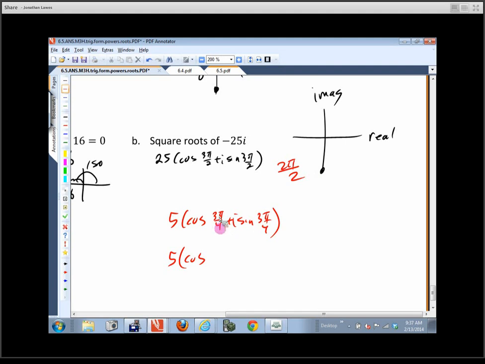So I'm going to add pi to this one right here, and I get 7 pi fourths. So I end up with an answer right here and an answer right here. They happen to be straight across from each other, but you can see that there's 180 degrees or pi in between each one of them. Any questions?